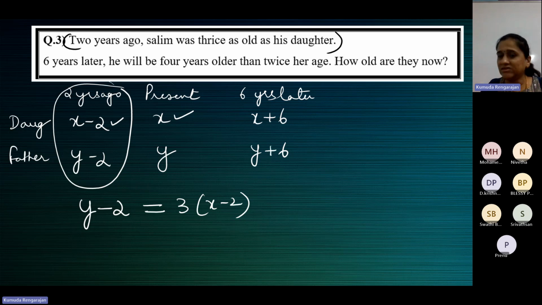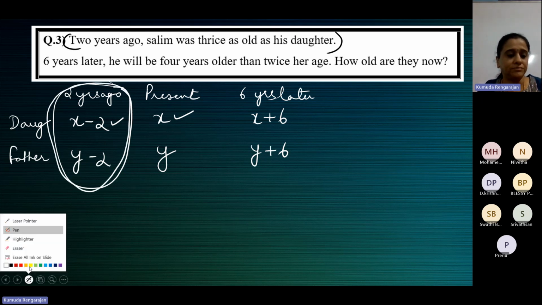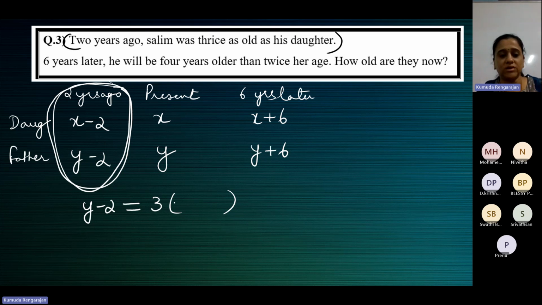If it is about their present ages, that word present will be mentioned. Am I clear? So we have to look at only these ages. Salim was, means equal to, thrice, 3 times, daughter's age, X minus 2. So from this, you will get an equation in x and y.